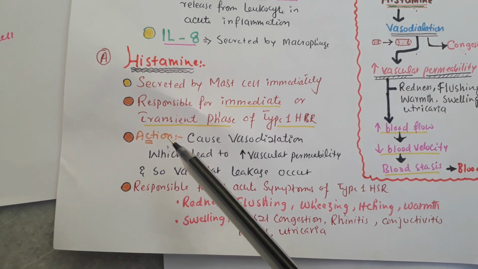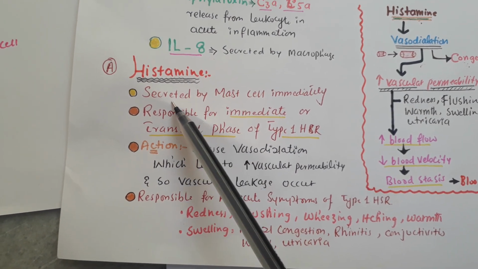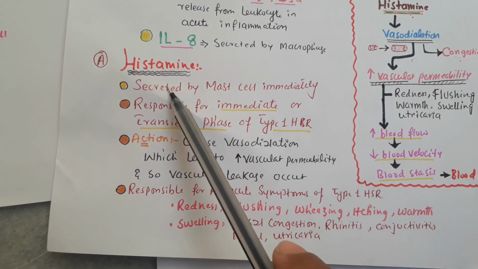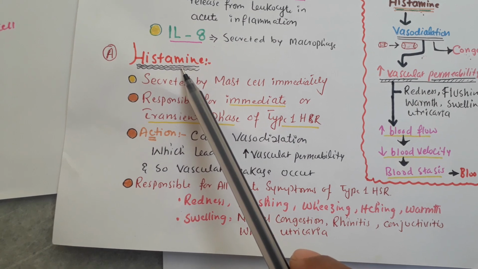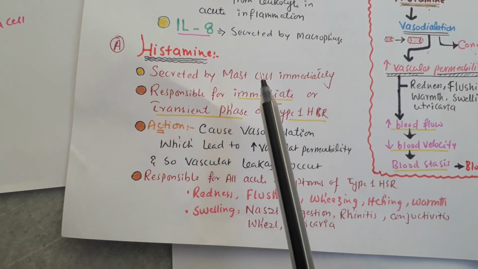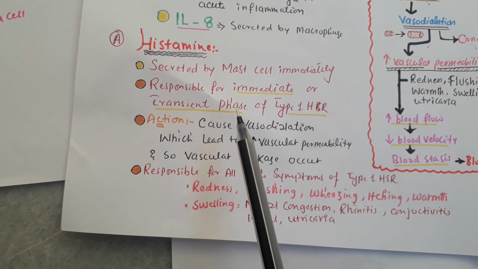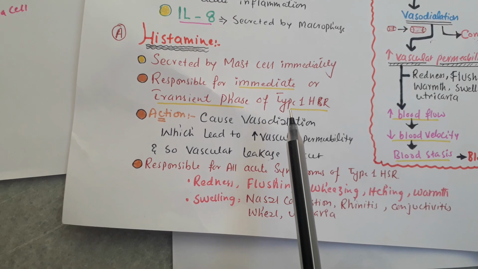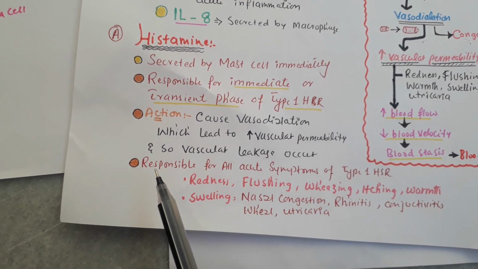Now let us talk about histamine. Histamine is actually secreted by mast cells immediately, and histamine is formed from the amino acid called histidine. As its secretion occurs immediately, it is responsible for the immediate or transient phase of type 1 hypersensitivity reaction, and its action leads to vasodilation.